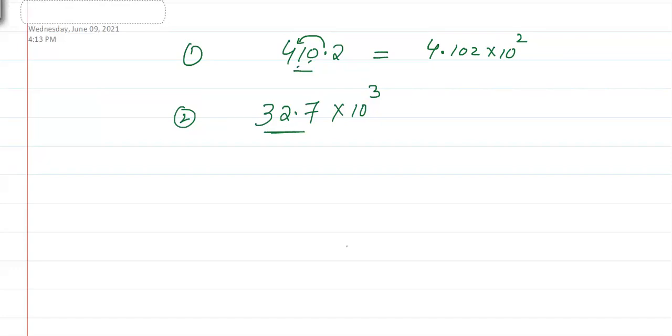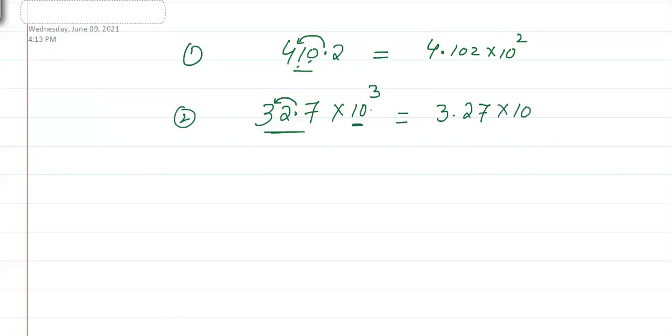Now, this case is slightly more complicated as compared to the previous one. Already it is in 10 to the power, okay? Now, when I have to write it into the standard form, I need to shift the decimal after the first non-zero digit. So it will become 3.27 into 10 to the power.